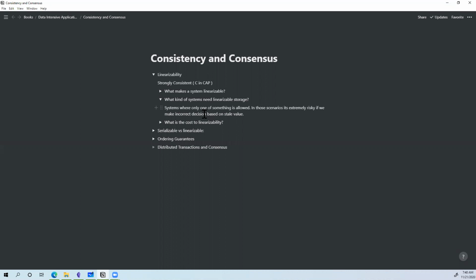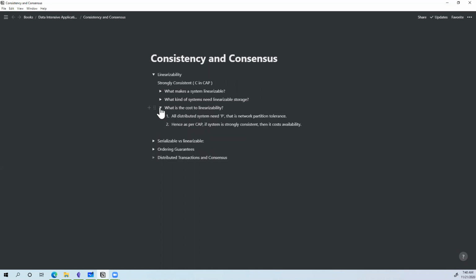We might do something which generates two values. Like the scenarios of a unique username, or obtaining a distributed lock where only one of the systems should get the distributed lock. In these scenarios, it's very important that the system be linearizable so that we don't see a stale value and don't make a wrong assumption based on it.